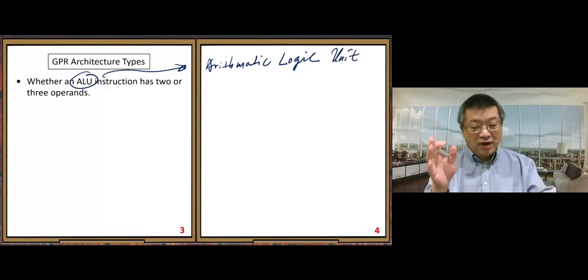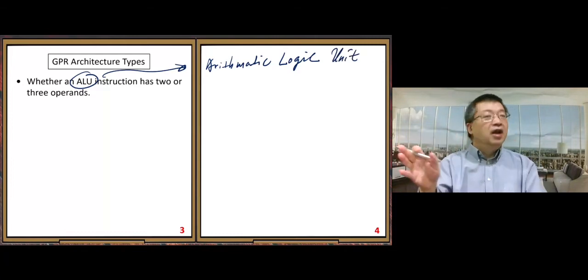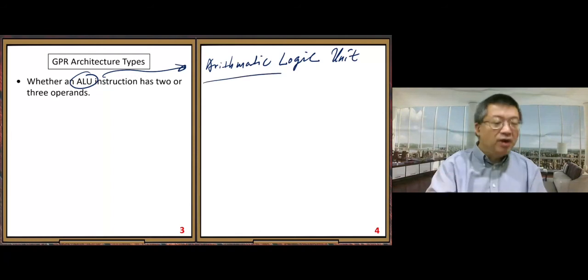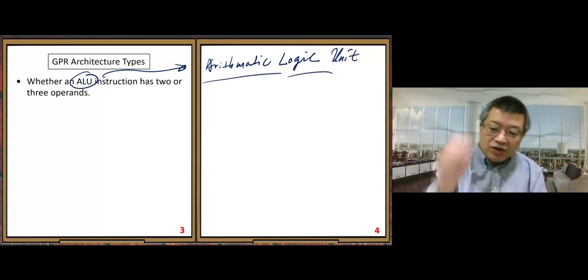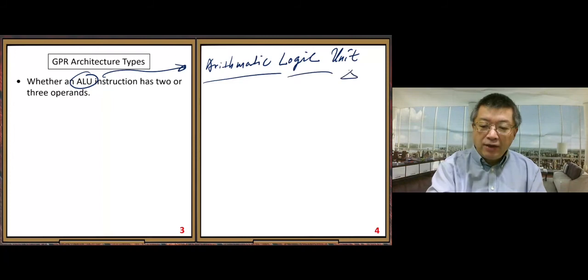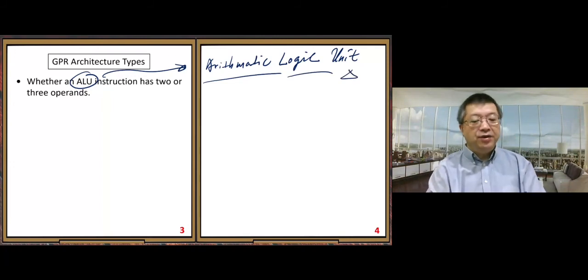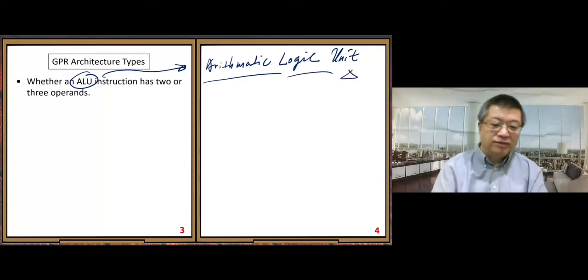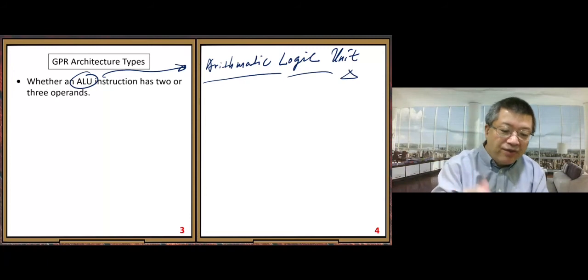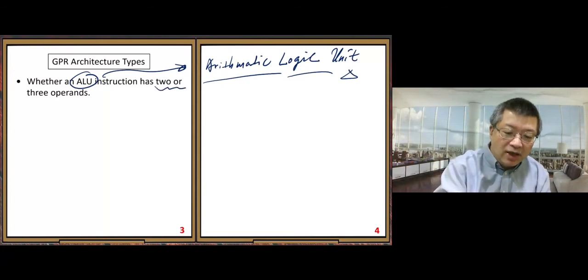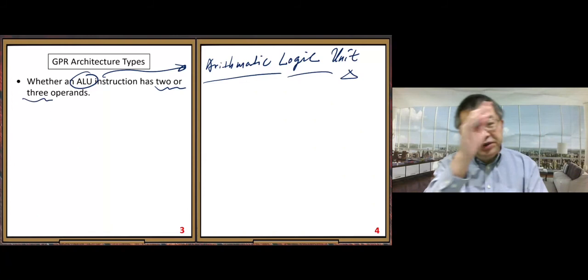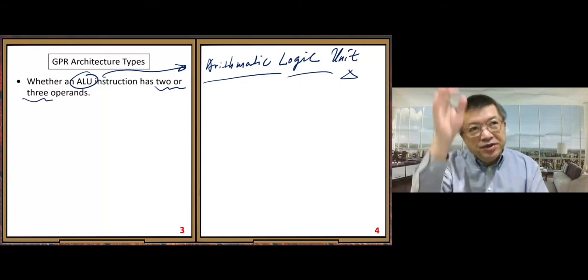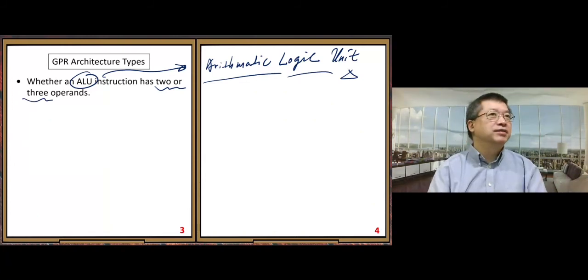Some device called the arithmetic logic unit, so you can do arithmetic operations and you can also do logic operations in that unit. So that's the ALU instruction. It has 2 or 3 operands. Sometimes you use 2 operands, sometimes you use 3 operands.